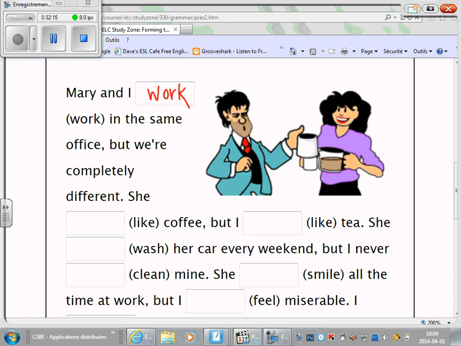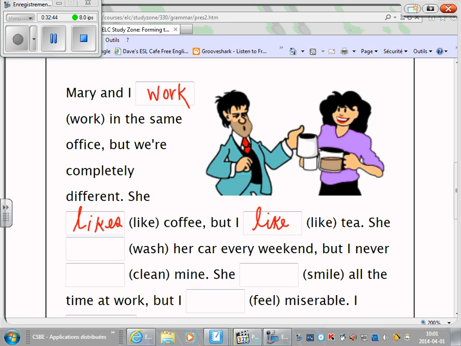So likes and dislikes, simple present. So if it's simple present, what do I do with she? He, she, it plus verbs. She likes, yes. She likes coffee, but I like tea. Okay.